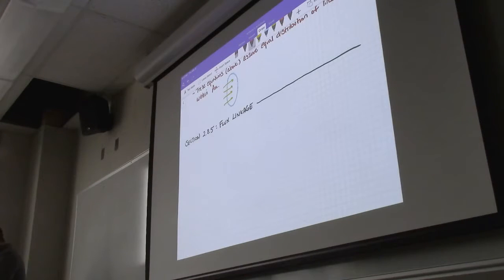So now, flux linkage. If we assume that all the coils are linked by the same flux, then the flux linkage is defined below. And I'll explain what that means.